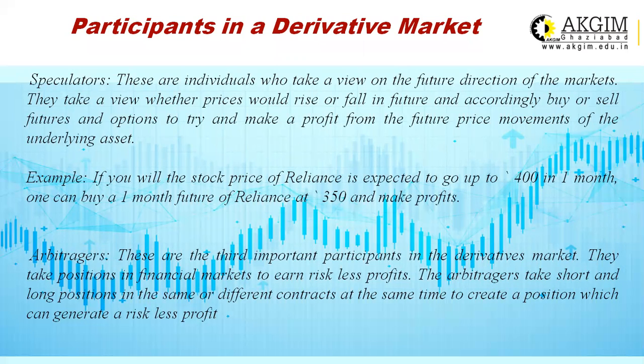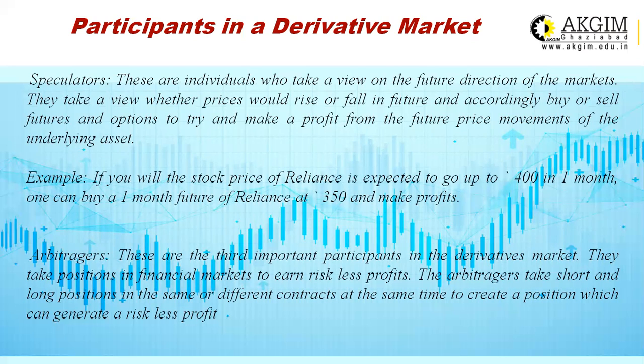If they have entered into a futures contract at the price of 350, then they have to set a stop loss, at which they will exit from the market. It may be 330 or 340. And the lot size of the Reliance share is 250 per lot.